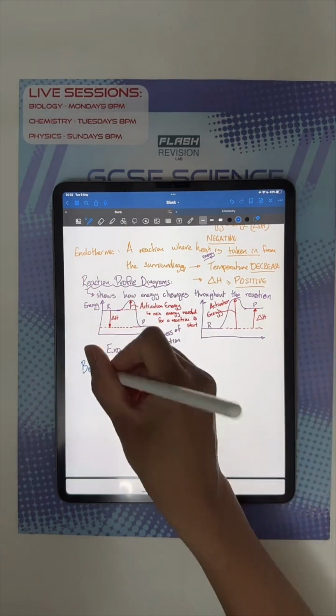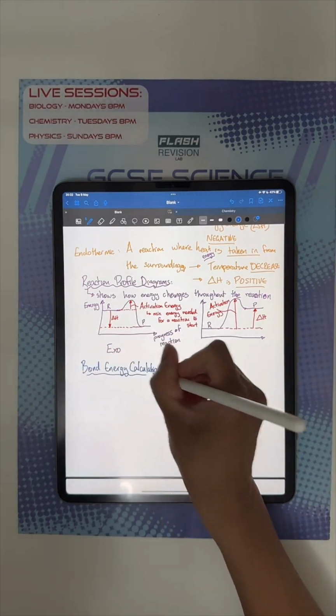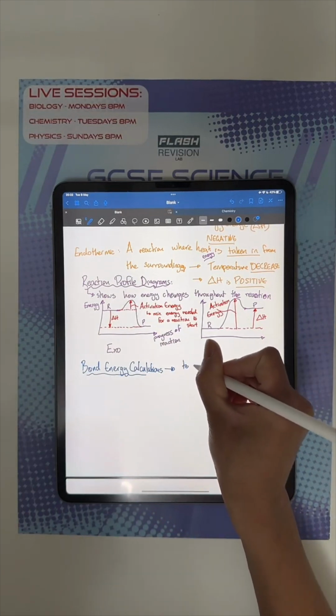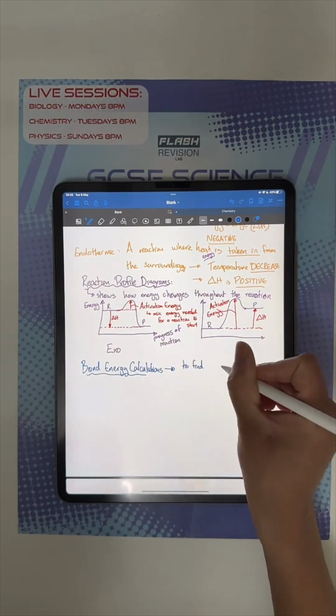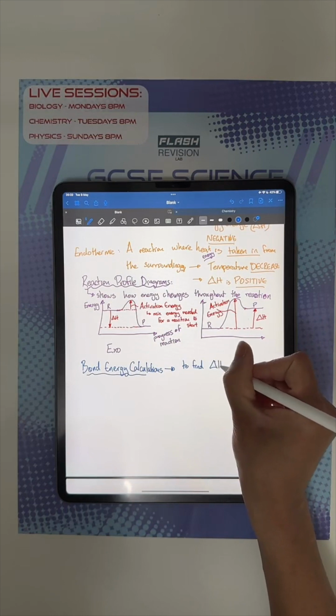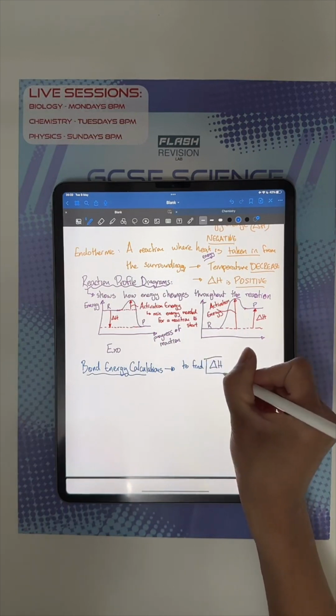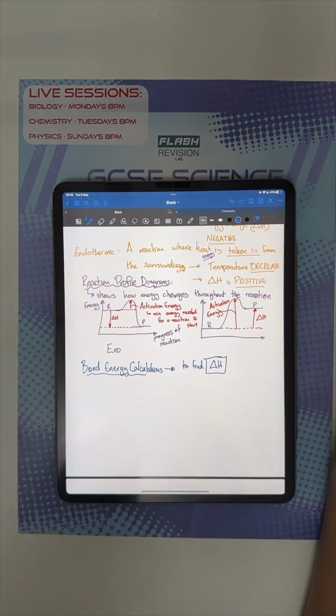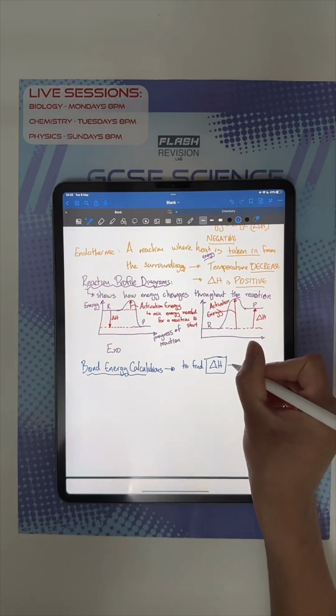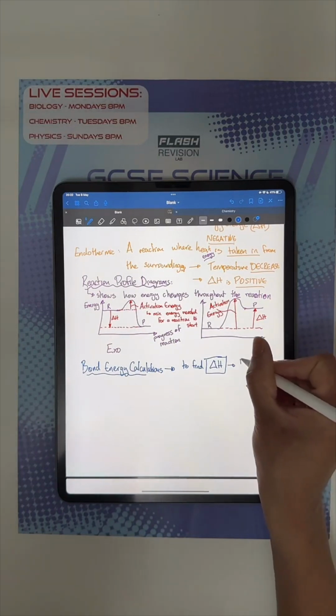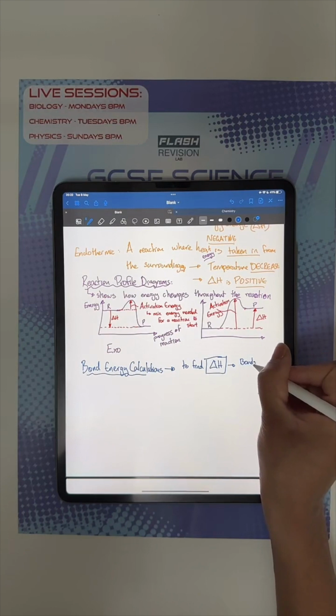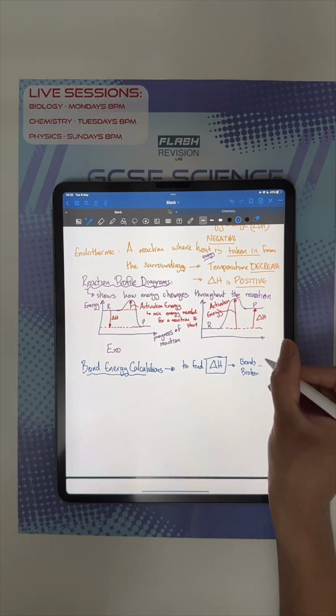All right. So the reason you do these bond energy calculations is to find the energy change. So to find delta H, that's your aim usually. And the way you do it is you work out the bonds broken and you minus it from the bonds formed.